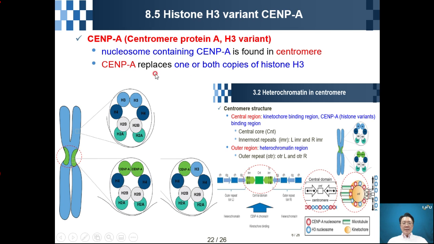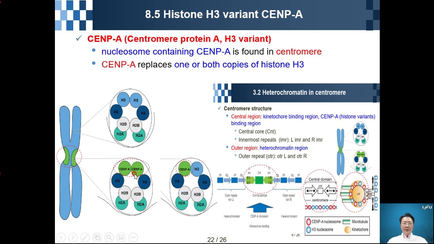Usually CENP-A replaces one or both copies of histone H3. This is the regular nucleosome, which is composed of two H3 histones. CENP-A replaces one of the histone H3 copies, or both copies, like this.